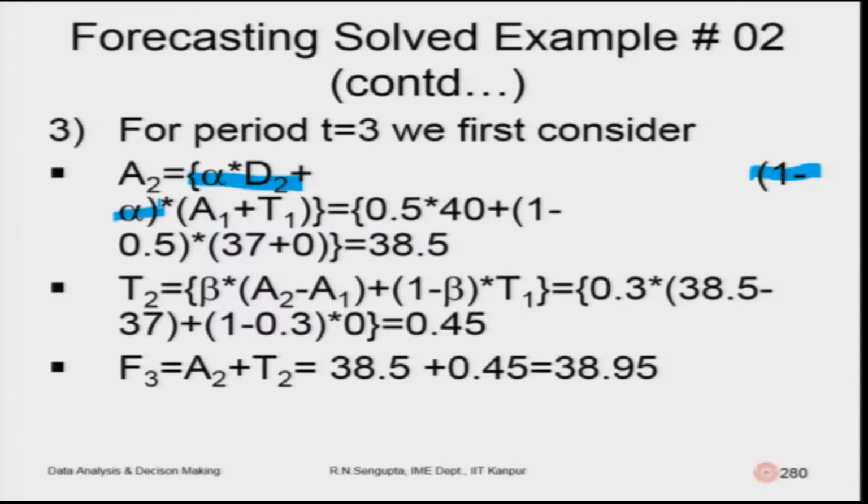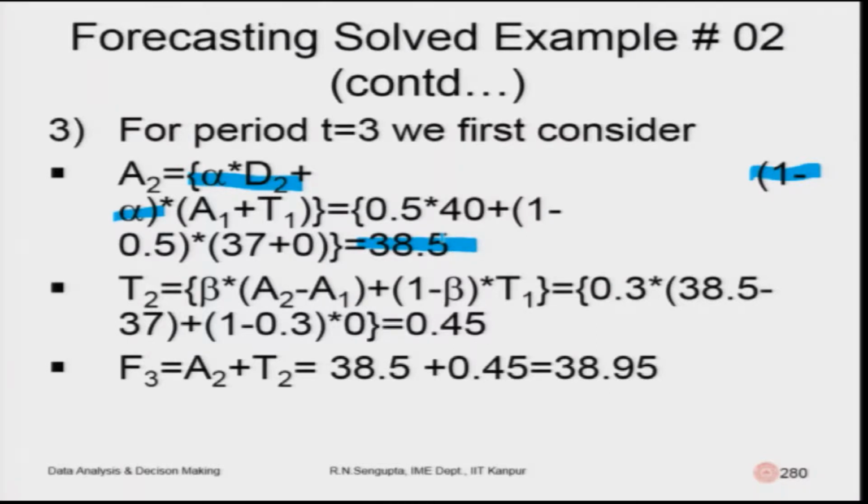So, 1 minus alpha would be the weights given to a1 plus t1, the trend and fluctuations for time period 1. Again, alpha we have considered as 0.5. Why we are considering 0.5, I am going to come to that later. 50% into 40 plus 1 minus 50% into 37 plus 0. So, the value becomes 38.5.